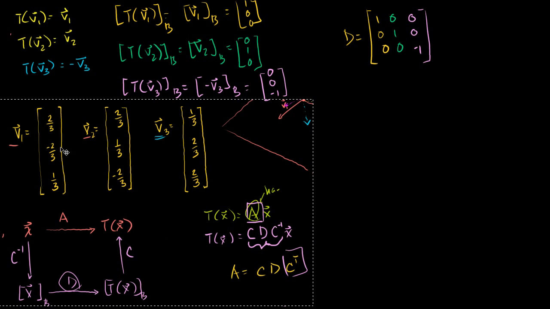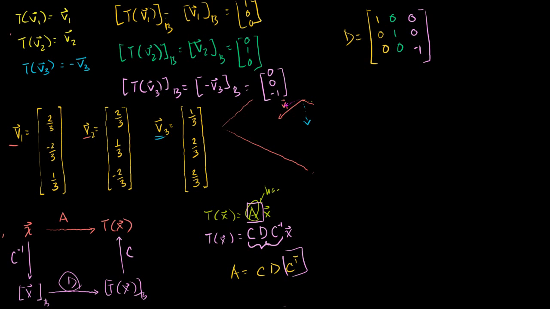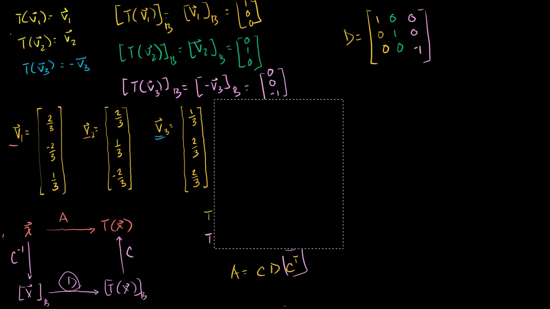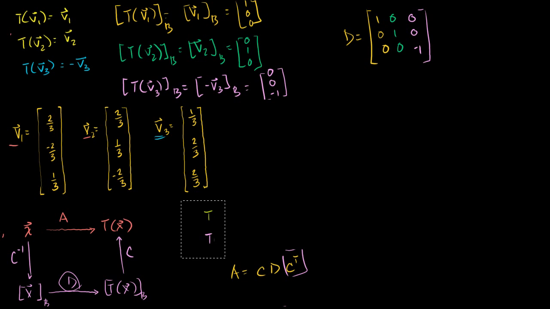And so let's figure out what A is. So to do that, first we have to figure out our change of basis. So I'll just write it all out like this. So A, let me clear this out a little bit, clean things up. All I need is this. I don't need any of this really. So let me clean all of that up. And let me clean this up. Okay. All right.